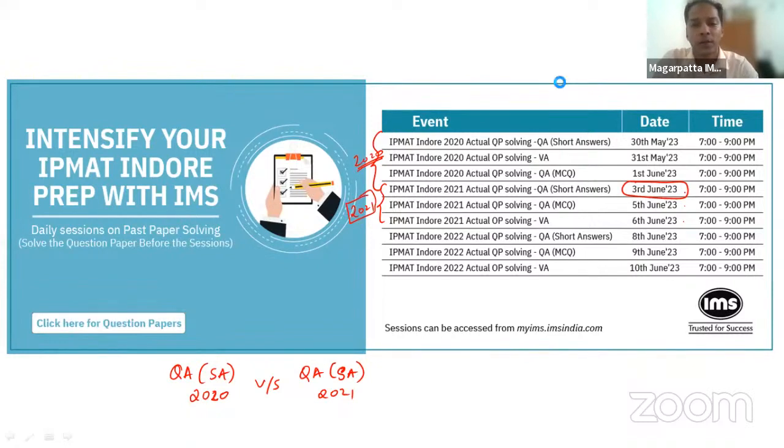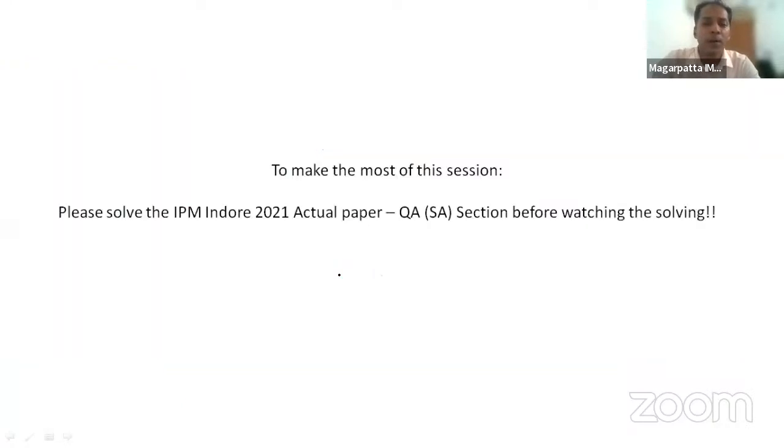So this paper, again, I'm hoping that all of you who have joined today have solved it. QA short answer 2020-21. What was the paper pattern, or what was the sectional time limit? The number of questions, total questions, were 10.